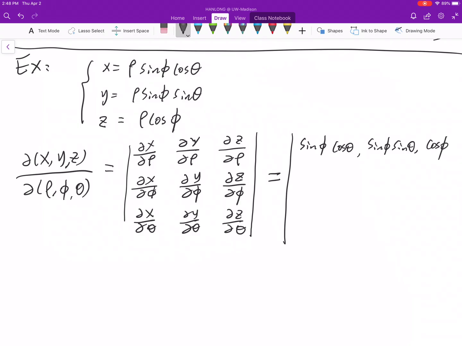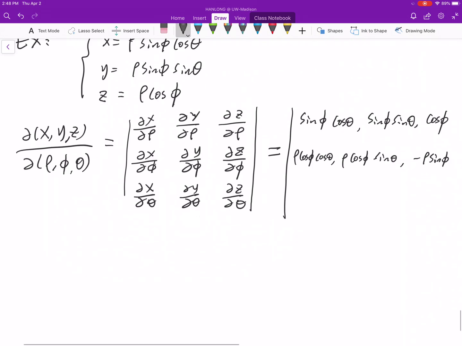The second row, with respect to phi: rho cosine phi cosine theta, rho cosine phi sine theta, negative rho sine phi. And the last row, with respect to theta: negative rho sine phi sine theta, rho sine phi cosine theta, and then 0.